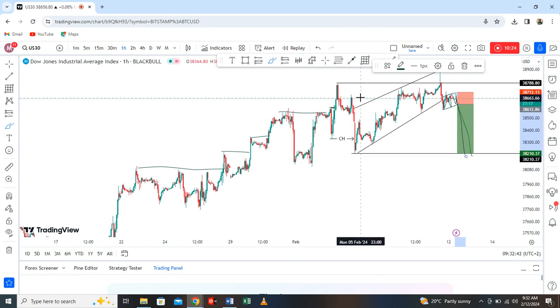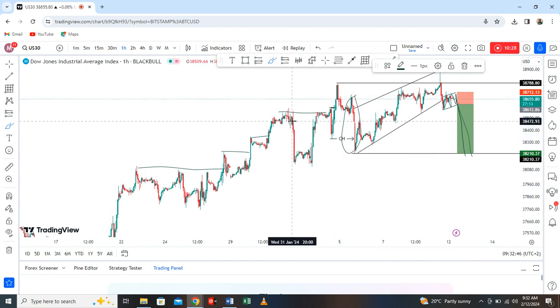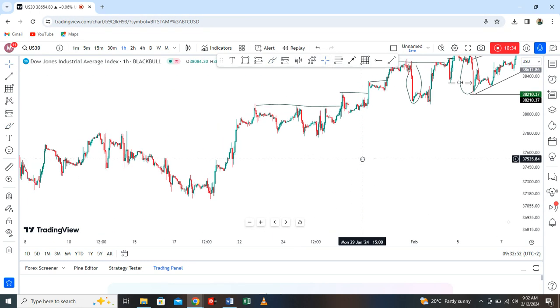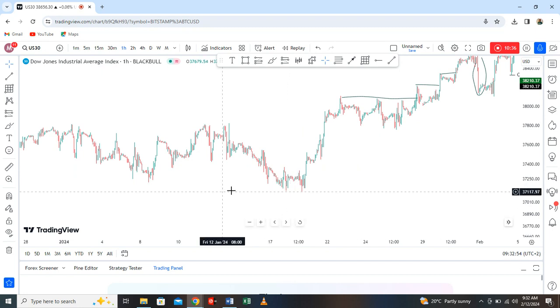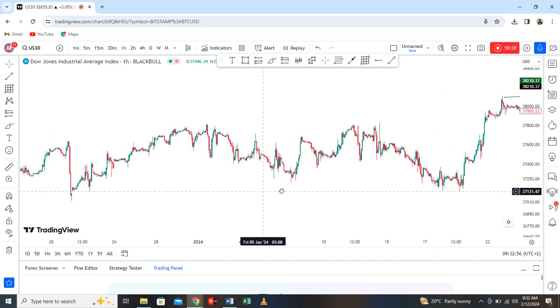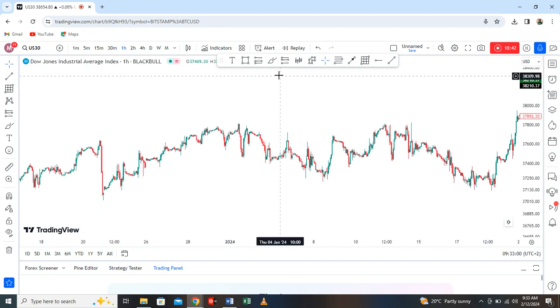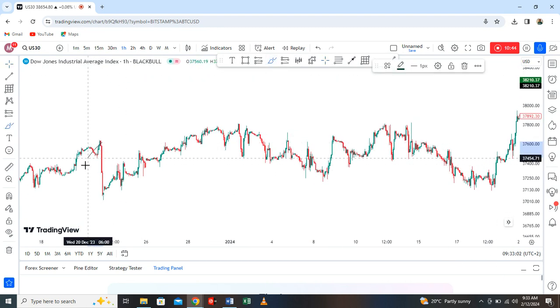Look what happened here. We had a big move to the downwards. Look at the big moves to the downward. Every time the price goes to the downwards, we are encountering a big move. Even here, we have a lot of candles to the downwards. Look what happens when the price pushes to the downwards. You always have bigger moves.